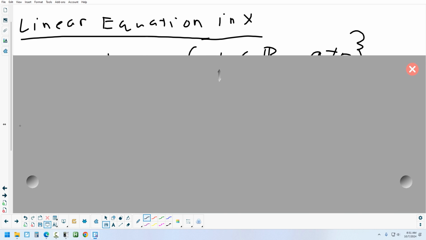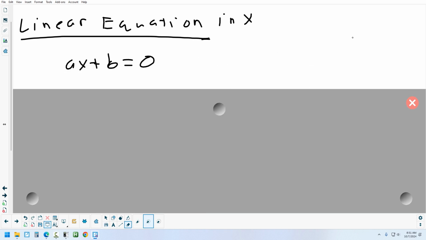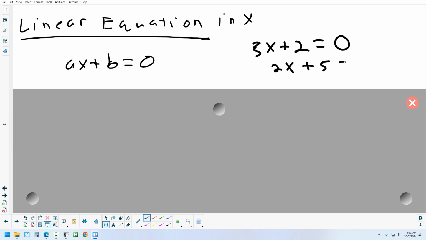All right, so what does a linear equation look like? So a linear equation looks something like that. So this is a linear equation. 3x plus 2 equals 0. Or it could be something that could be rearranged to look like that. Right, let's say you had 2x plus 5 equals 3.